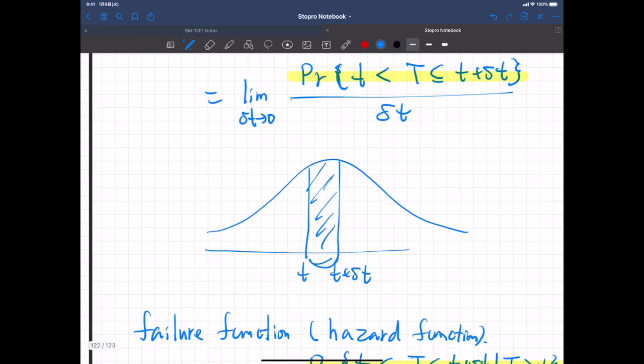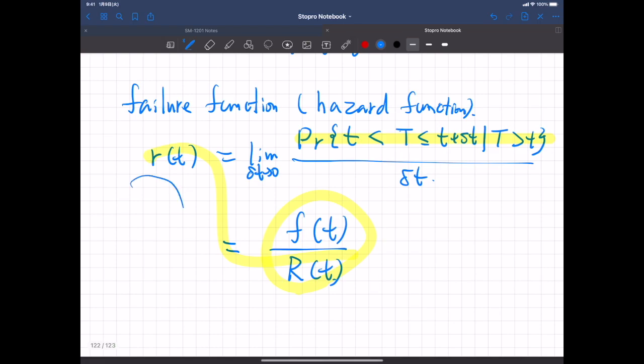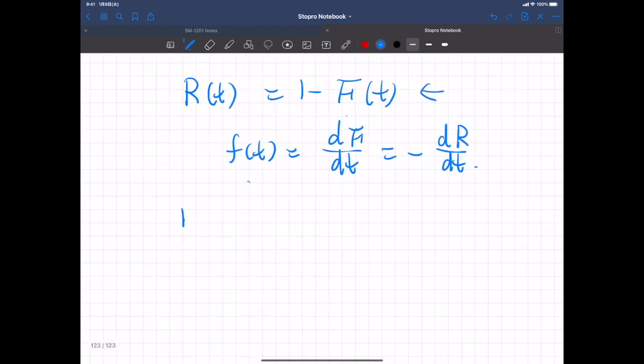So now if you compare this with this equation, just get rid of the density part. So we have this r, the failure function, is equal to negative 1 over R times dR/dt.